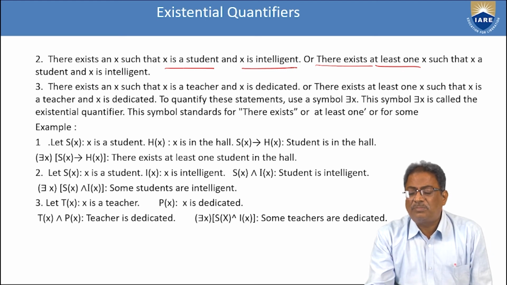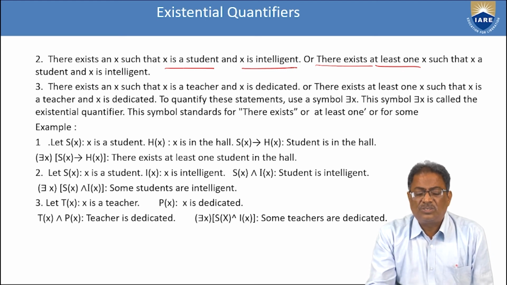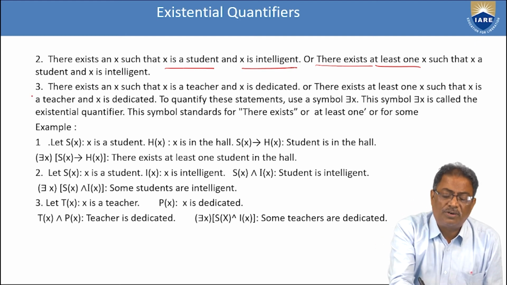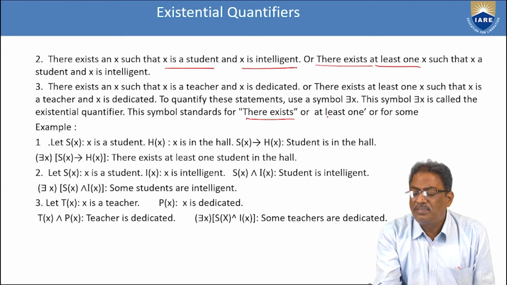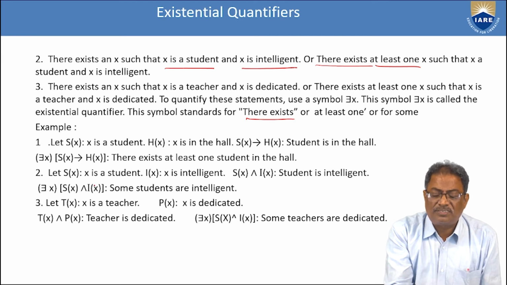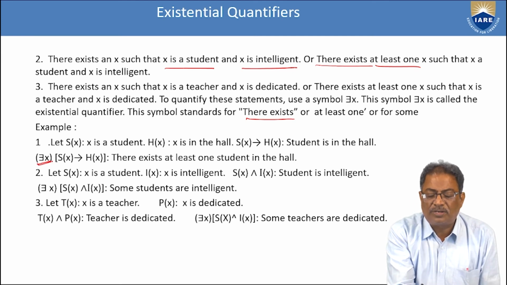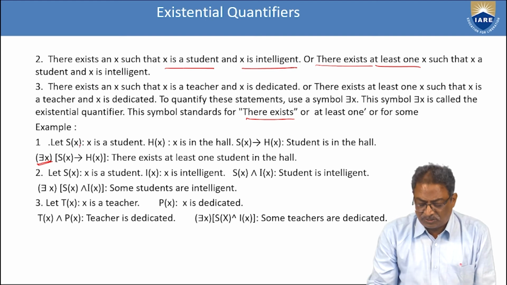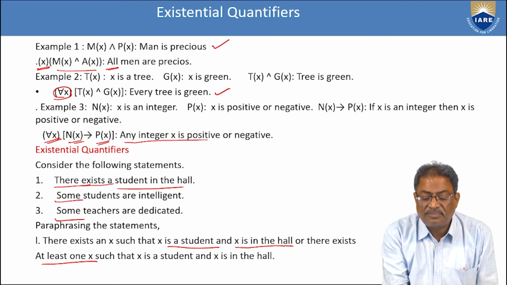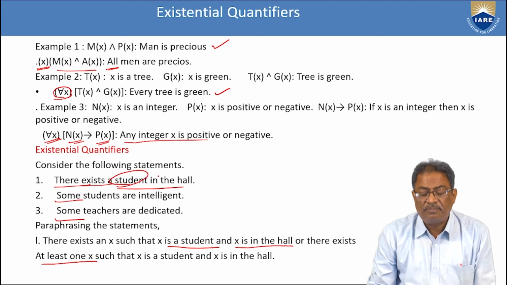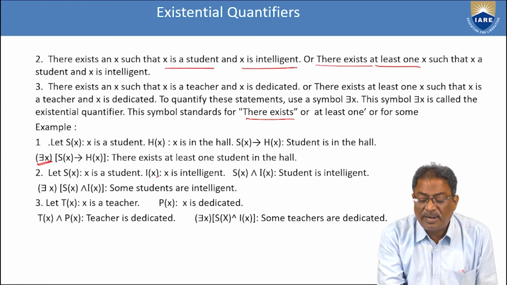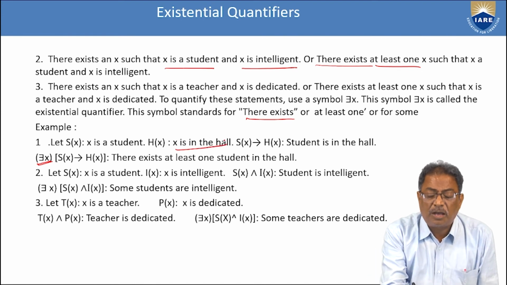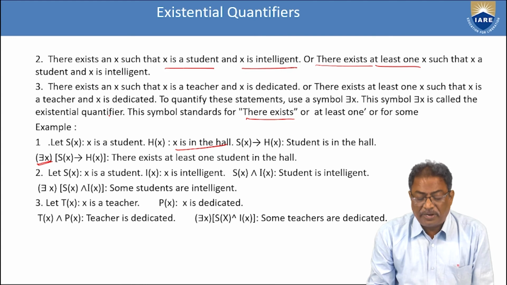Similarly, there are some teachers, and we convert this into symbolic form. S of x means x is a student, and x is in the hall is another predicate, so it is a combination of two predicates.